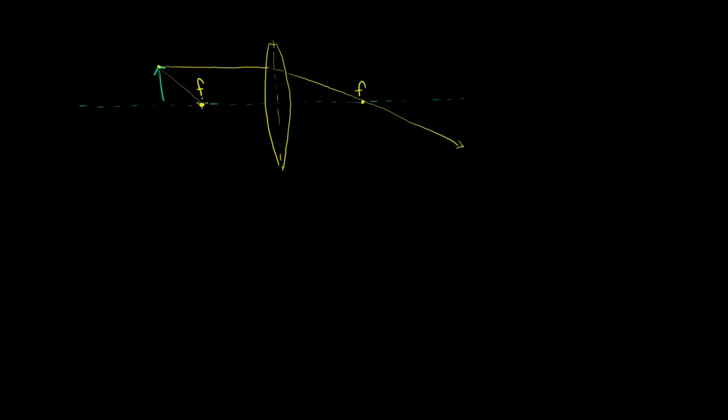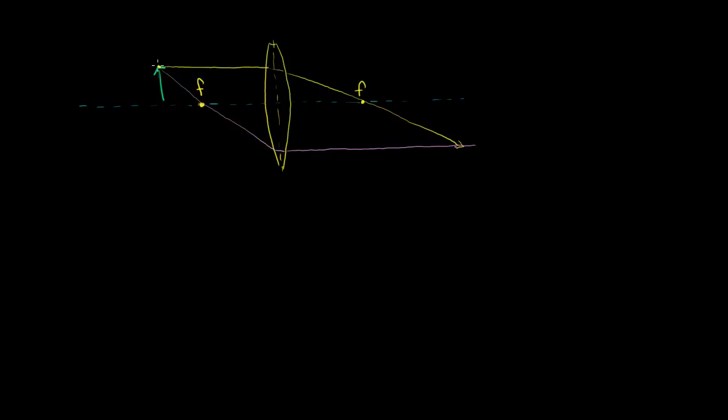And so that is going to get refracted like this, and then get refracted again. So it comes out on the other side of the lens going parallel. And hopefully this makes sense to you, because it's a symmetric deal that we're dealing with over here. Something coming in parallel on the right side will go through the focal point. Then something going through the focal point will come out on the other side parallel.